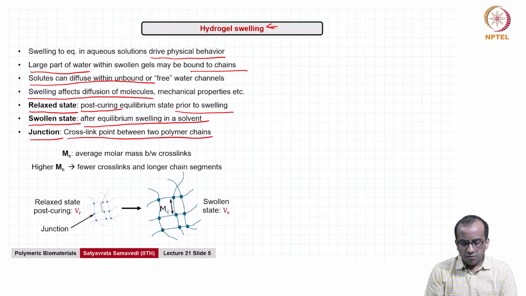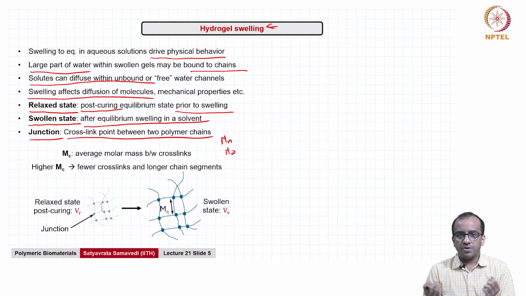And from a structure perspective, one important question to ask is, how do we think of molar mass for a hydrogel? Earlier, when we saw linear or branched polymers, we could think of molar mass or Mn or Mw, which simply refers to the average degree of polymerization across the chains.